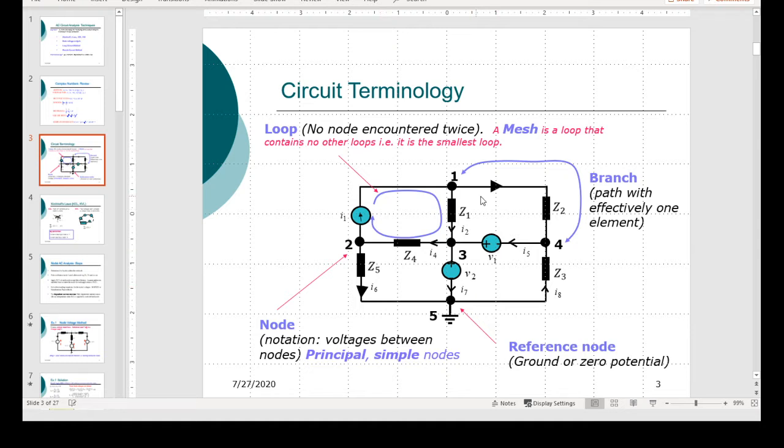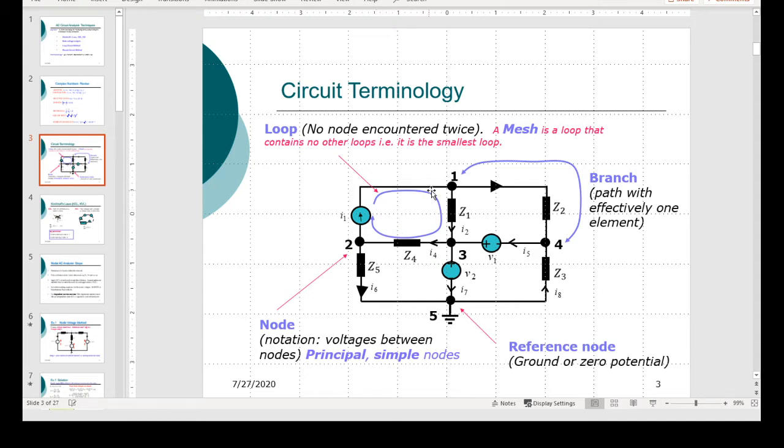If I go around like this, of course I'm following the full window. Now this here, if we form a closed path indicated by that purple line, in the language of circuit analysis we call it a mesh. A mesh is a closed path which does not contain any other loop.